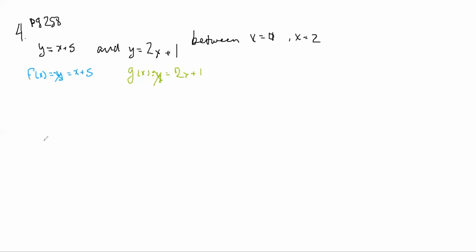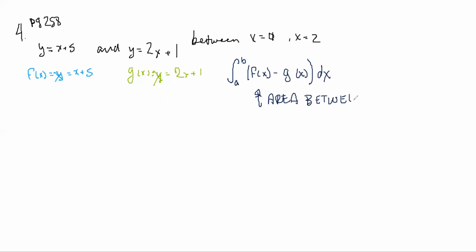Next, I know that I can use this equation that says from a to b, the integral of f of x minus g of x dx is the area between the curves, which happens to be what we're looking for.